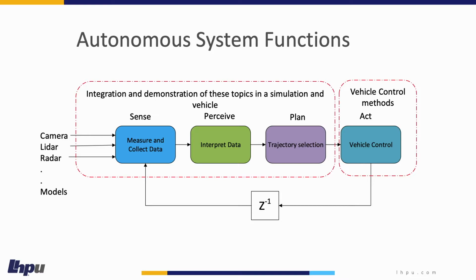This will utilize a number of vehicle dynamic models to simulate the performance of that vehicle and of the control system in tracking the trajectory maneuver. So this is an exciting part of the course where we'll first develop the capability to demonstrate vehicle control in a simulation environment, and then finally move to a shuttle vehicle to demonstrate that capability.